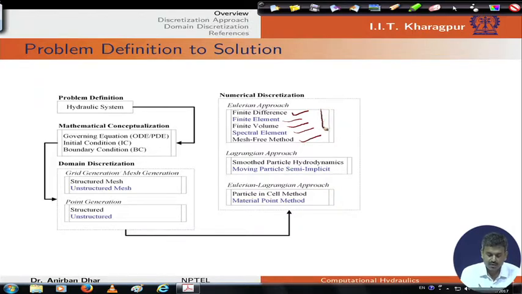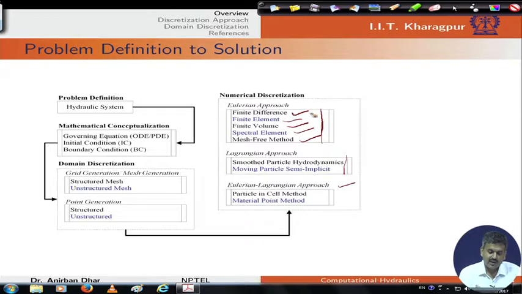We can use any of these methods for numerical discretization, or we can follow the Lagrangian approach like smoothed particle hydrodynamics, moving particle semi implicit method, or combination of Eulerian-Lagrangian approach, that is particle in cell method, material point methods.